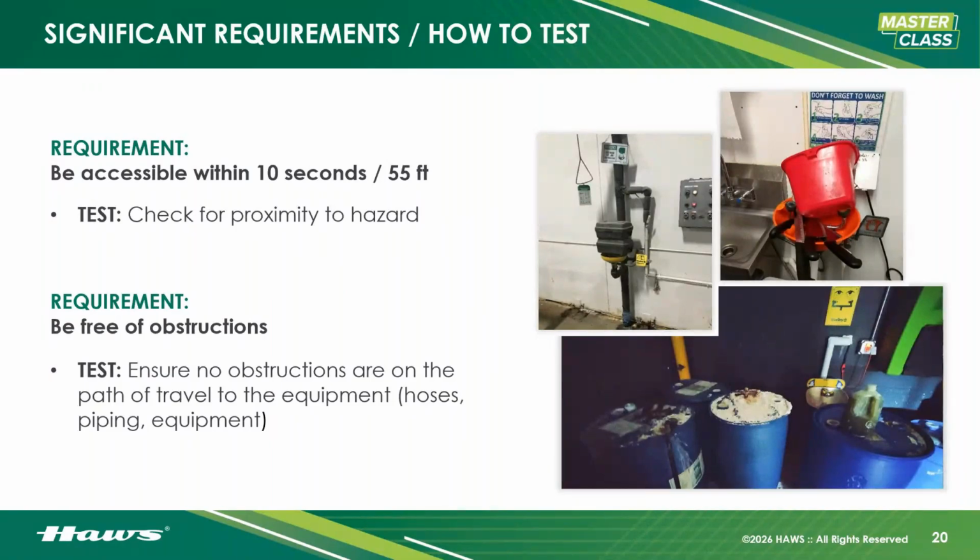Now that path has to be free of obstructions. These are a little more on the silly side of things that I have found out there in the field. But if you can imagine for a second having to clear off rat traps, I don't even want to think about that. The one in the top right, digging your fingers in there while you don't have very good use of your eyes.